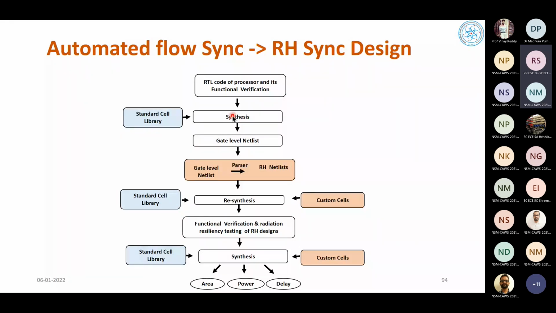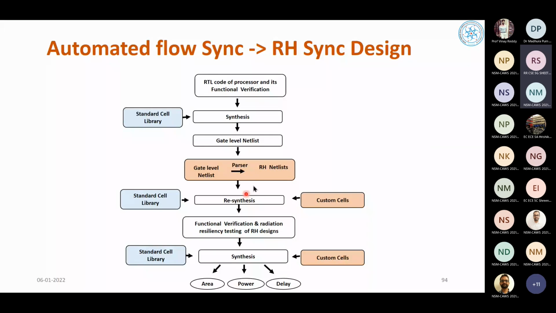But the moment you convert it into another form, you are adding more gates so that you make it soft error tolerant. Radiation hardened is also soft error tolerant, meaning we don't have soft errors in such a netlist. So you have to resynthesize it, because you have to meet the timing afresh.